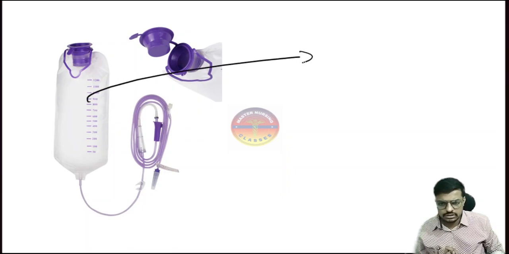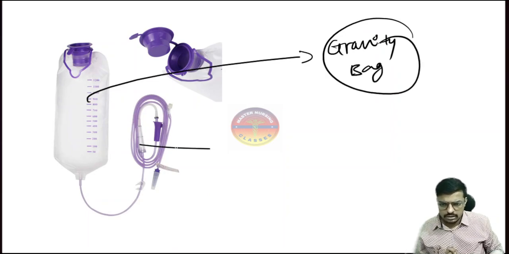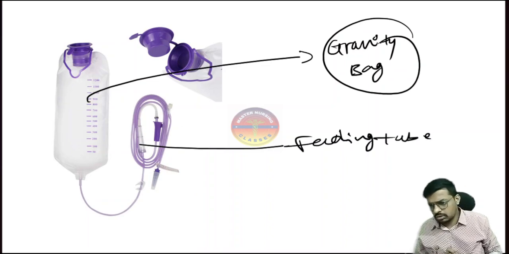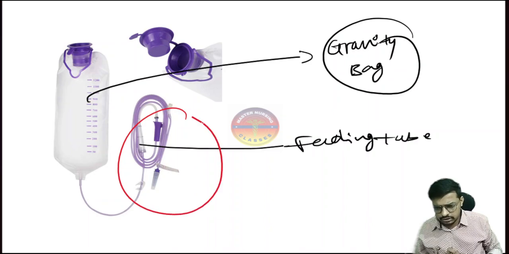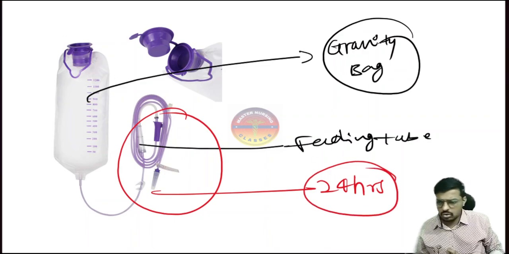This is the gravity bag, and this one is the feeding tube. Once you start using this feeding tube, you can use it for a period of 24 hours only.